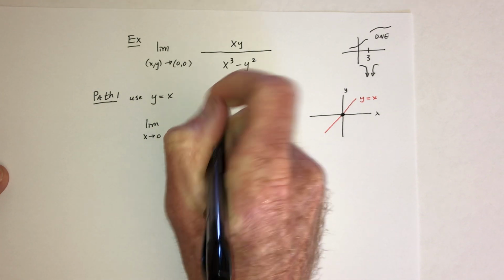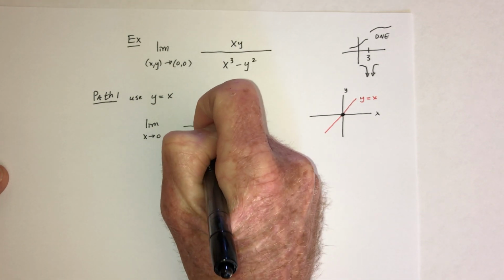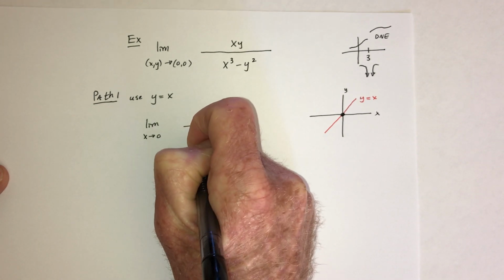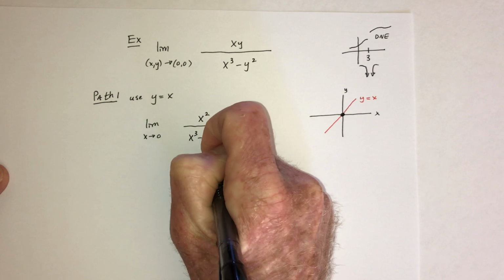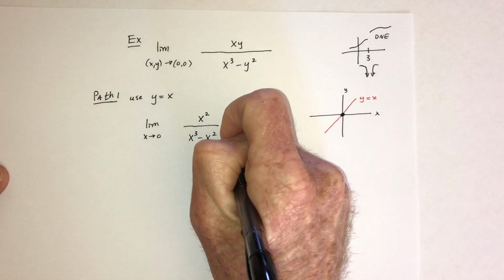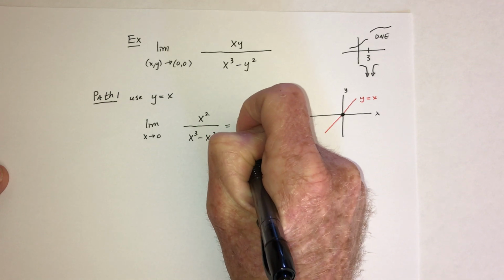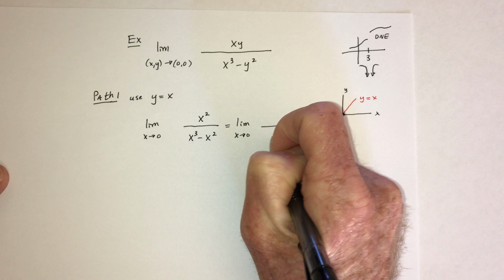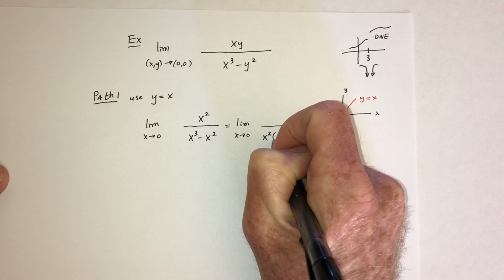On the top it would have x times x, so it's got x squared. And then it would have x cubed minus x squared. And then for this one, I could factor the bottom. So on the bottom, you could factor out x squared.